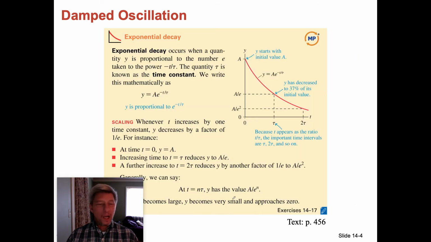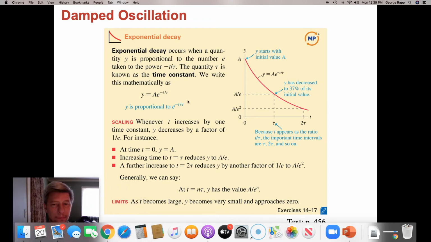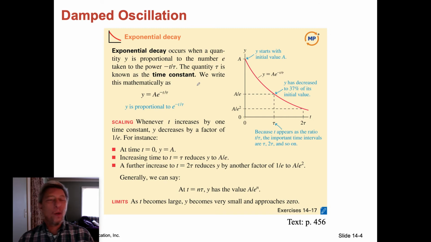Now, let's have a look at the relationship here. We've got the exponential decay occurs when a quantity y is proportional to the number e taken to the power negative t over tau. All right, tau is the time constant, and we write the formula as this, and you can see that here.